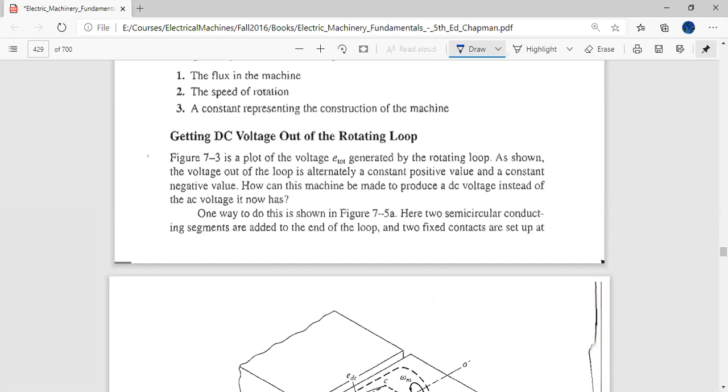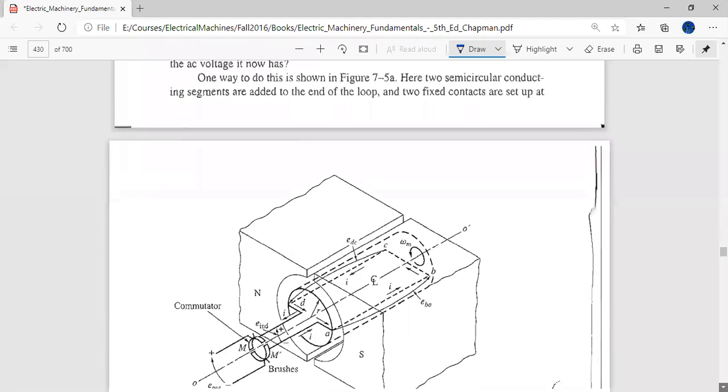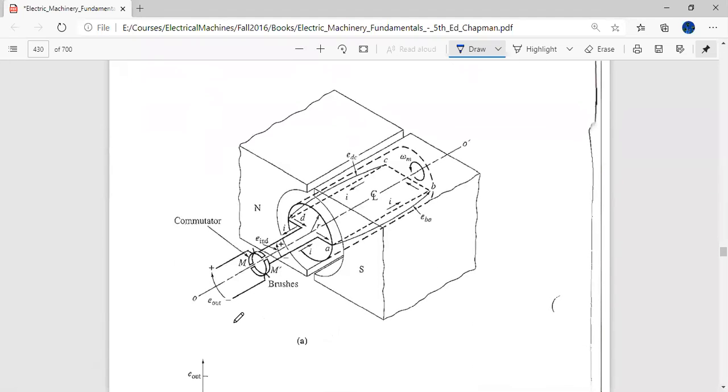For that, you have to attach a device known as a commutator. A commutator is made of two semicircular copper rings. You attach one copper ring to one side of the coil and the other to the other side of the coil, and every half cycle when the direction of the EMF is going to be reversed, the side of that coil also switches.